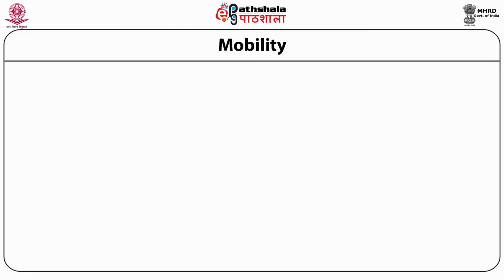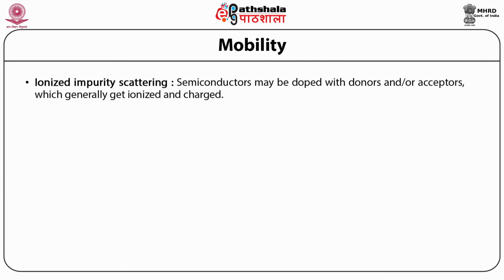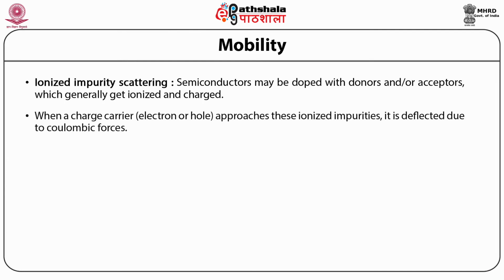So students, now let us study about the ionized impurity scattering. Semiconductor may be doped with donors and or acceptors, which generally get ionized and charged. When a charge carrier, either electron or hole, approaches these ionized impurities, it is deflected due to Coulombic forces.